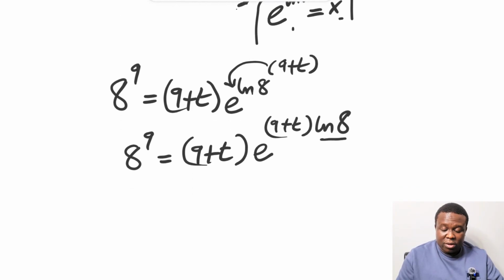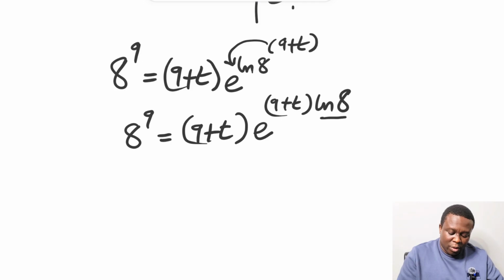Now we've introduced ln 8 again. So what do we do? We multiply both sides, left-hand side and the right-hand side, by ln of 8, so that we have that ln 8 at the base. That way, the base and the power look similar, and then we can apply the Lambert W function because we have an e there now.